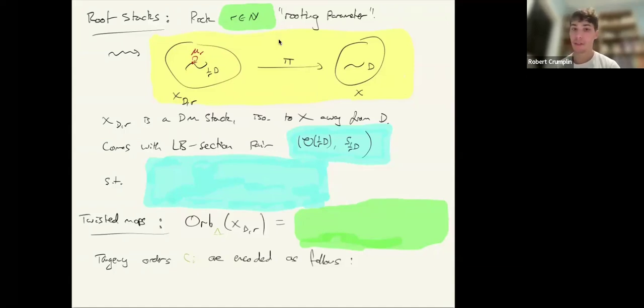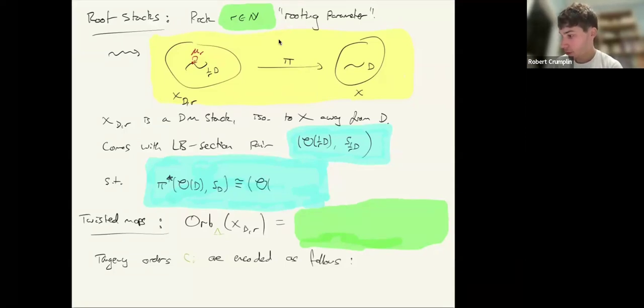And it satisfies a nice property: if I pull back my original line bundle section pair downstairs, O(D) and S_D, this canonical guy upstairs is an R-th root of it.